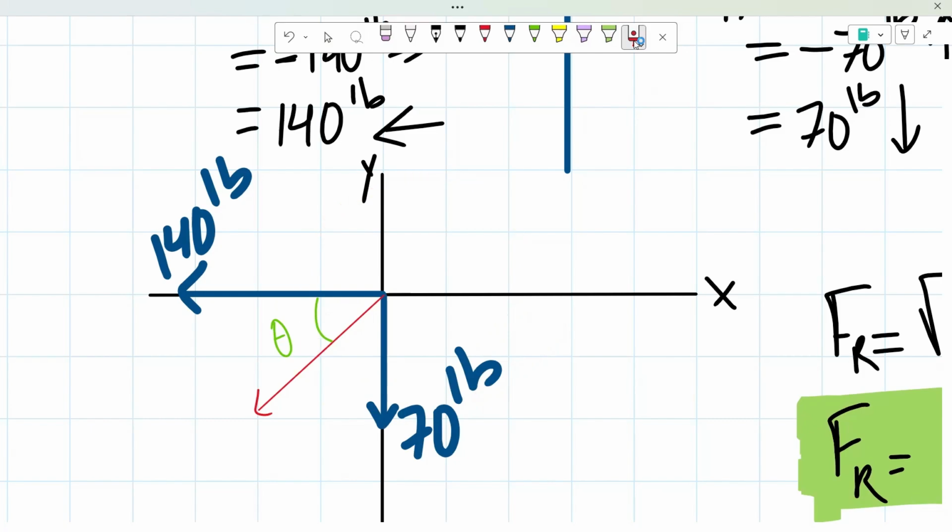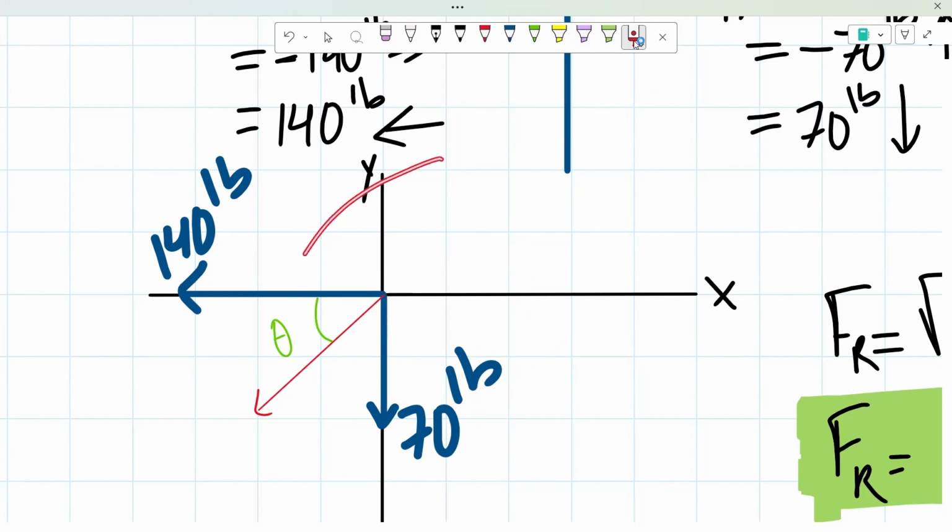I'm going to be finding it counterclockwise, so that means that we know that this whole quadrant, if we go completely, is 90 degrees, and these two added together would be 180. So what I would have to do is find this angle and add that to 180 to find the direction of our resultant force going counterclockwise from the positive x-axis.